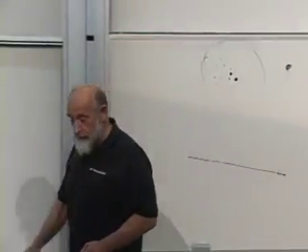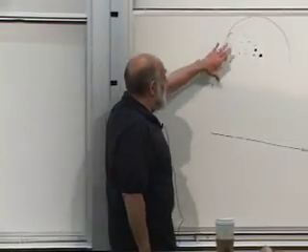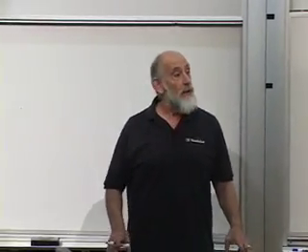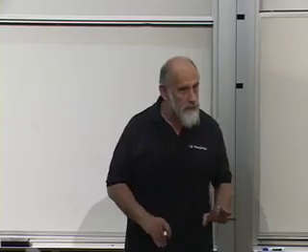All right, so that's another expression of the equivalence principle, that you cannot tell the difference between being in free space, far from any gravitating object, versus being in a gravitational field. Now, we're going to modify this. This, of course, is not quite true in a real gravitational field.